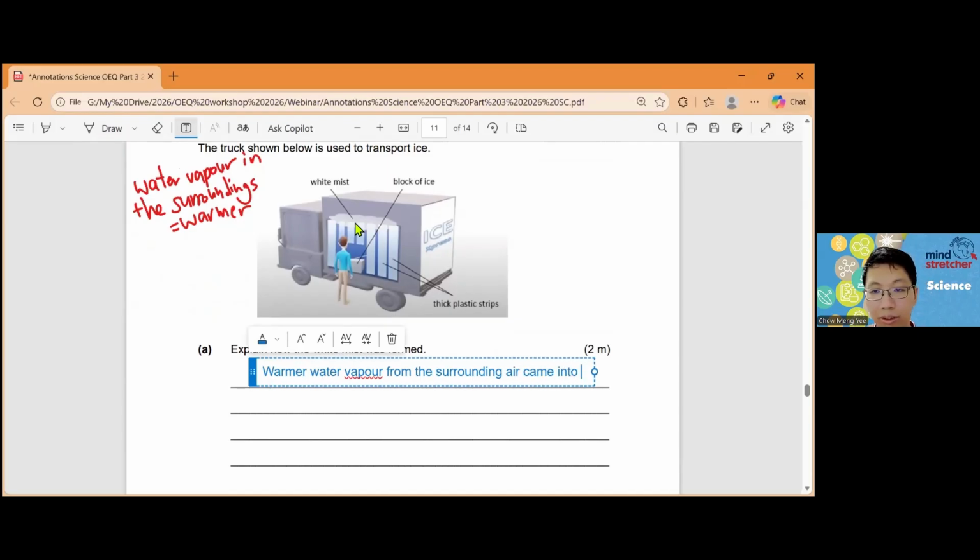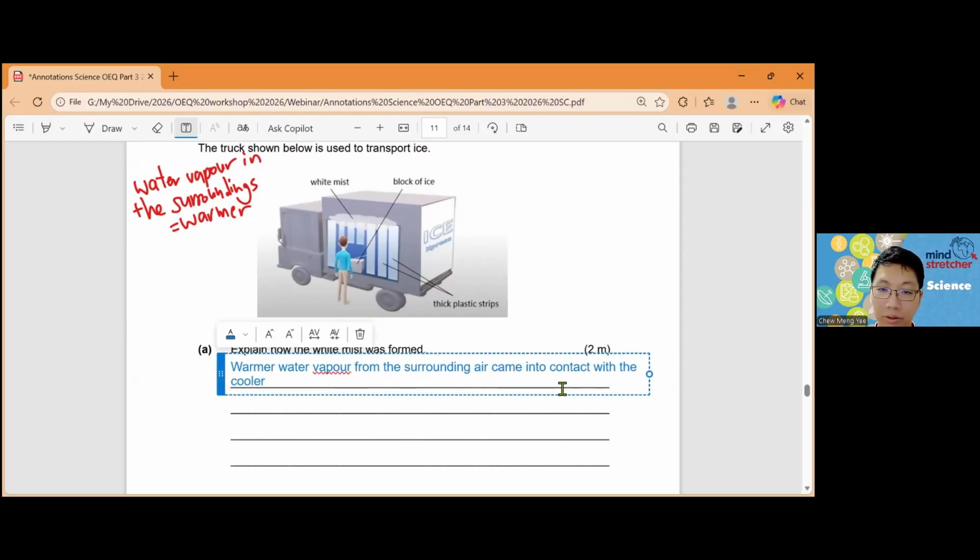Came into contact with the cooler. Now, what's the cooler surface here? This is the truck. It's just like you open up your freezer. So this is the cooler air exiting the truck. The mist is outside the truck, so the air is coming out.